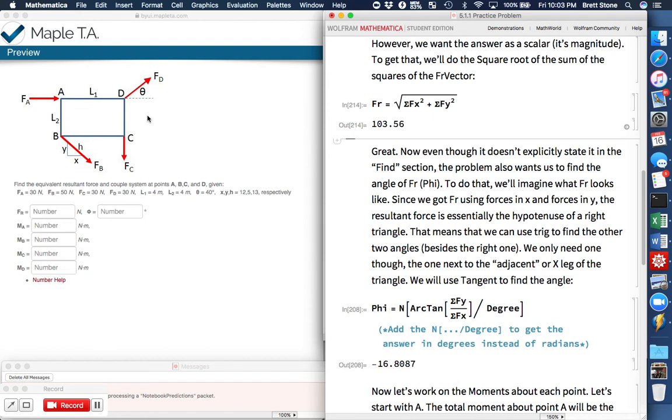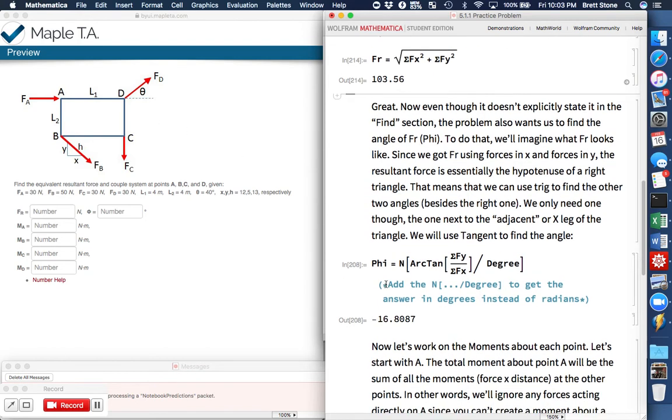So we want to find something that, given x and y, will give us the angle. And the way we can do that is with an arctangent. Tangent is opposite over adjacent. So if we use opposite being the sum of the forces in the y direction, and adjacent being the sum of the forces in the x direction, then we can take arctangent, and that will give us the angle.